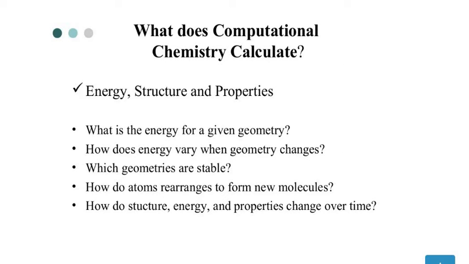What does computational chemistry calculate? Energy, structure, and properties. What is the energy for a given geometry? How does energy vary when geometry changes? Which geometries are stable? How do atoms rearrange to form new molecules? And how do structure, energy, and properties change over time?